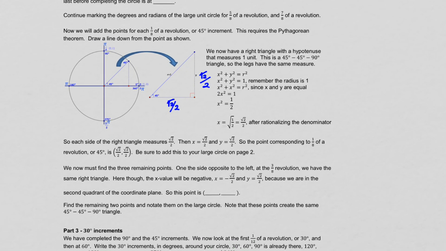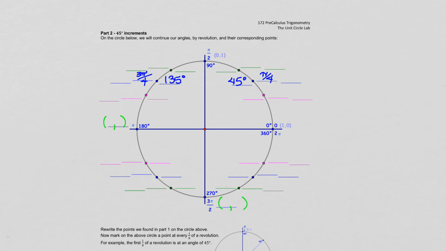If that's the case, let's read through this. So each side of the right triangle measures square root of 2 over 2. Then x is square root of 2 over 2, and y is square root of 2 over 2 at that point right there. So the point corresponding to 1/8 of a revolution is square root of 2 over 2, square root of 2 over 2. And so we put that in this blank here.